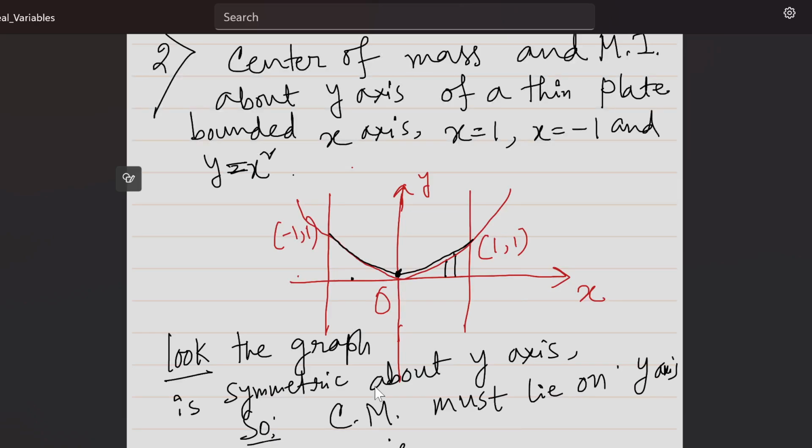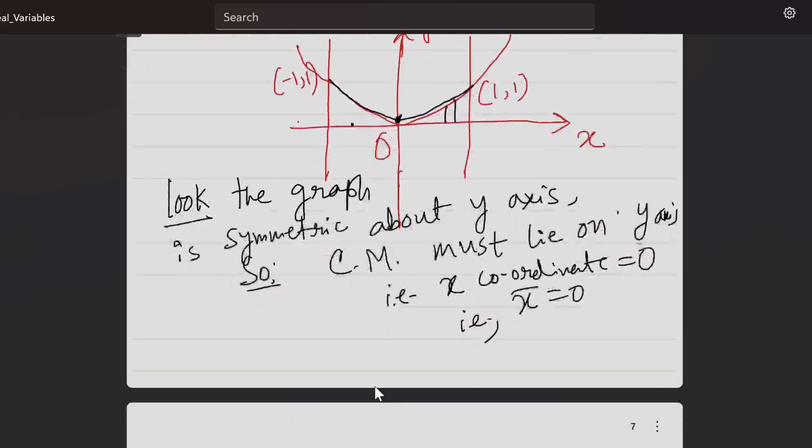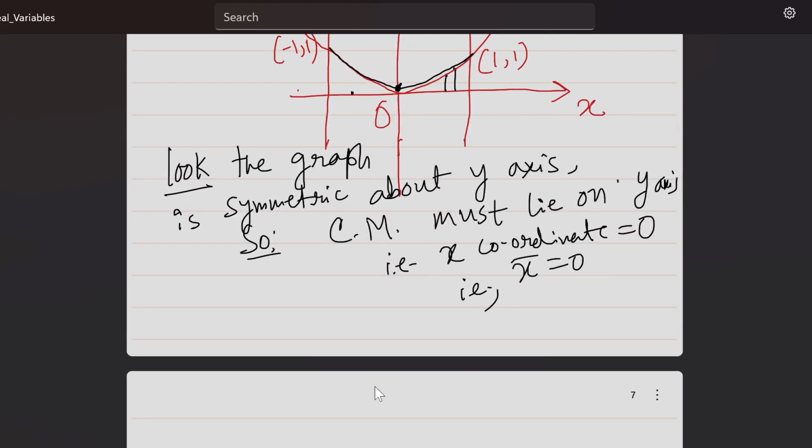That means the x coordinate is equal to 0, that means x bar equals 0. But I will find x bar for you by this formula. x bar is My by M.